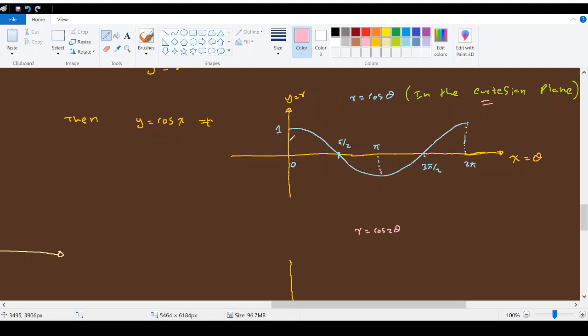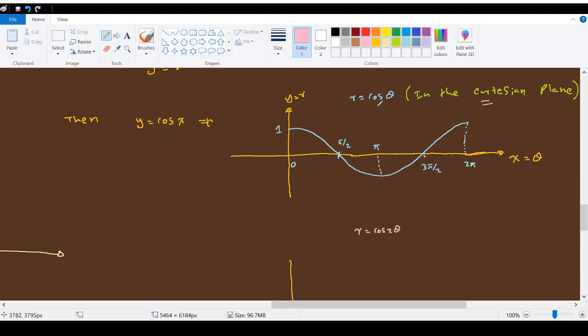Both follow the same oscillating nature, but the starting points are different. Cosine theta starts at 1 when theta is 0, and the sine theta curve starts at 0 when theta is 0.